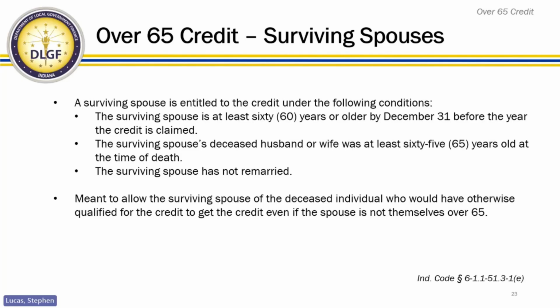The surviving spouse's deceased husband or wife must have been at least 65 years old at the time of death, and the surviving spouse who is now seeking this credit must have not remarried. Obviously, this is meant to allow the surviving spouse of a deceased individual who would have otherwise qualified for the credit to get that credit, even if the spouse is not themselves over the age of 65.